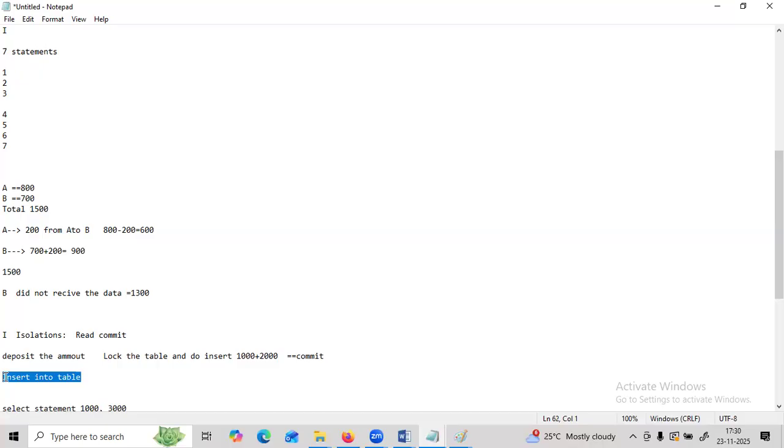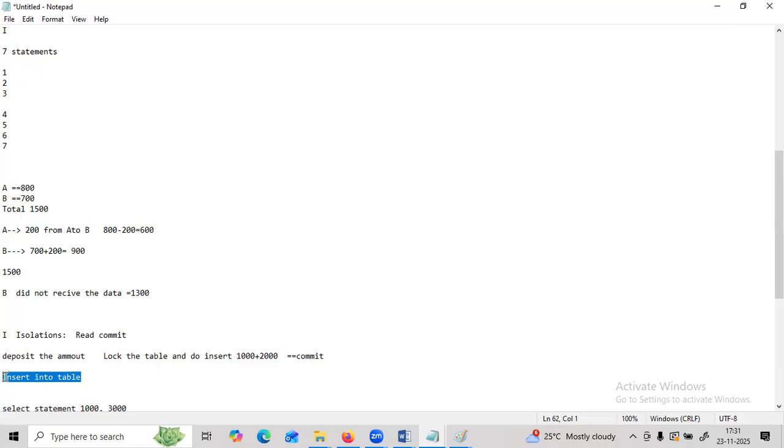But if you go for Oracle, we should always keep commit. Then only our actual data will commit and go to the data file or backend database. But in SQL Server, once you execute the command, no need to provide any kind of commit statement.